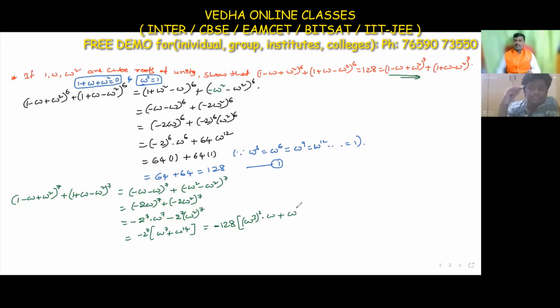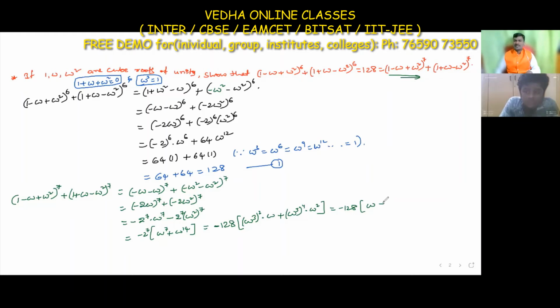Omega power 14: 3 4s are 12, omega power 3 power 4, 12 means omega square remains. This is equal to minus 128 into, since omega power 3 multiples are equal to 1, 1 into omega, omega only.